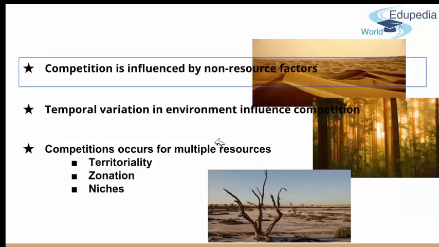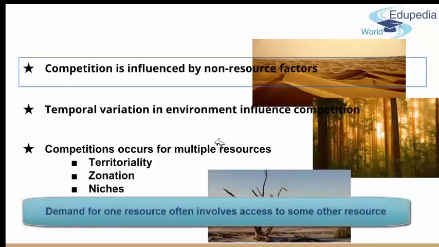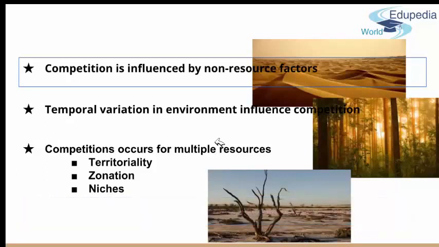And then in many cases, competition between species involves, as I said, multiple reasons, and competition for one resource often influences an organism's ability to access some other resource. One such example would be the practice of interspecific territoriality, where competition for space influences access to food and nesting sites.